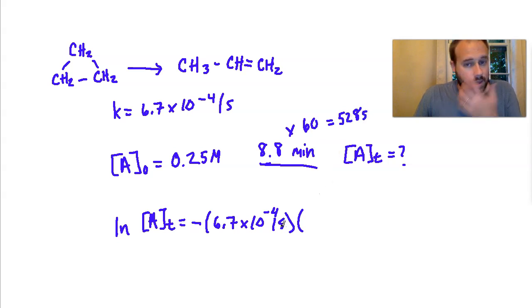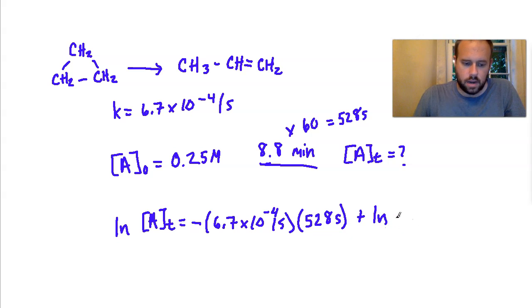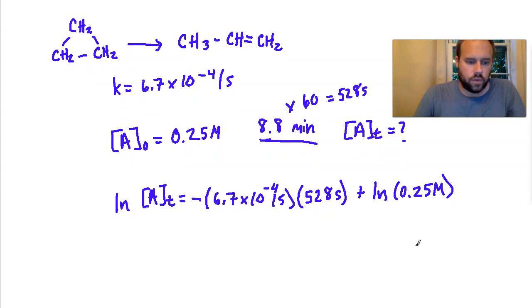And again, the rate constant is in per second, so we need to keep it in seconds. So 528 seconds. Okay, so there's the t. And then the intercept part, which would be the plus ln of 0.25 molarity.